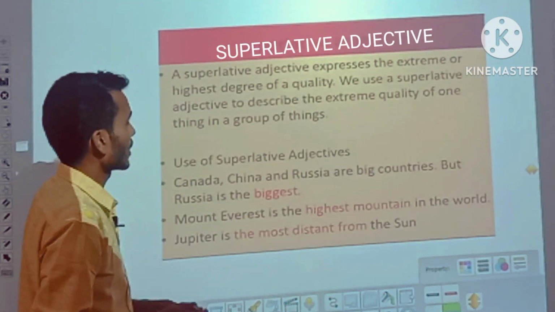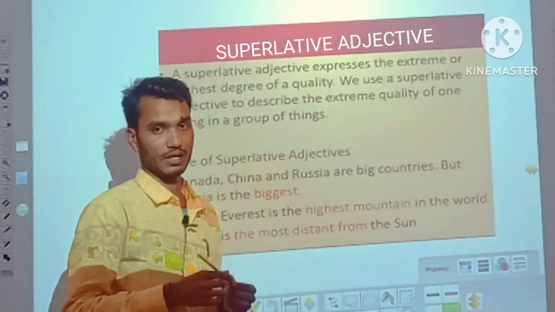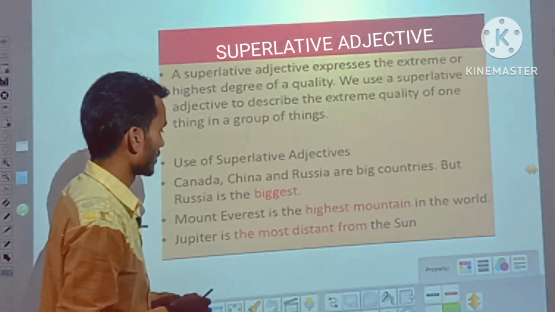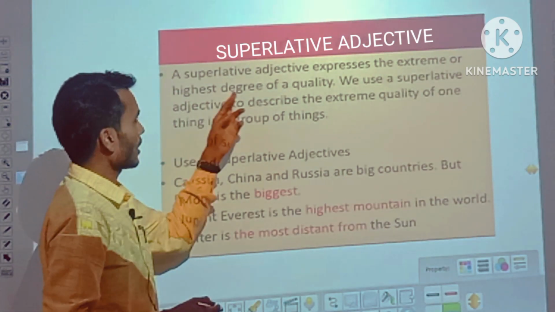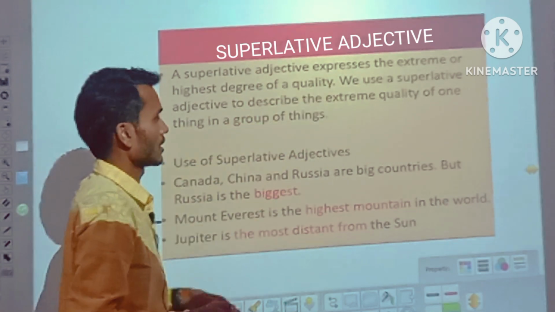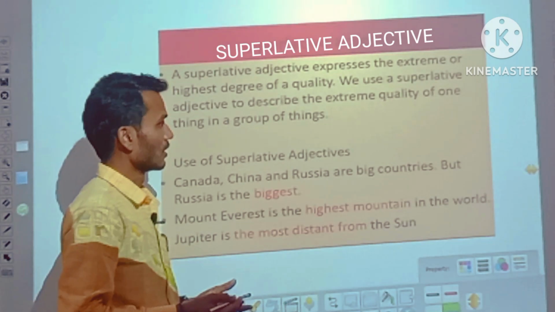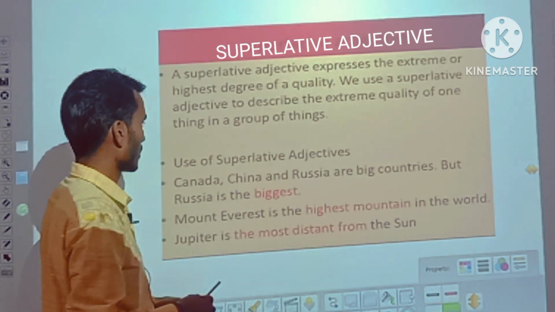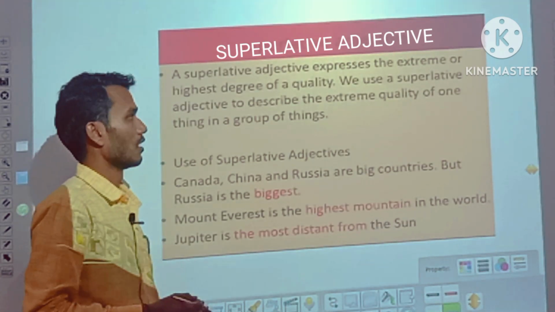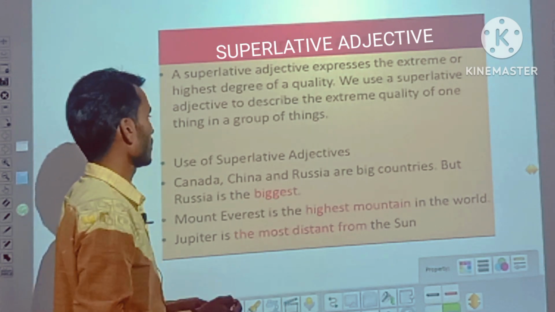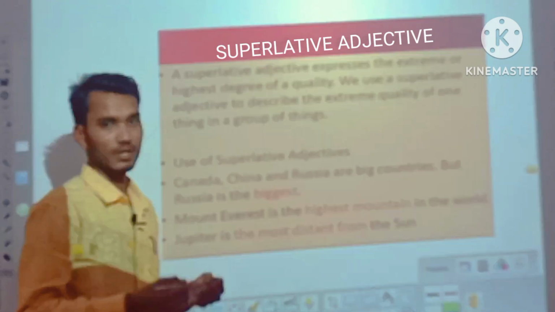So then we have superlative adjectives. What are superlative adjectives? A superlative adjective expresses the extreme or highest degree of a quality. We use a superlative adjective to describe the extreme quality of one thing in a group of things.